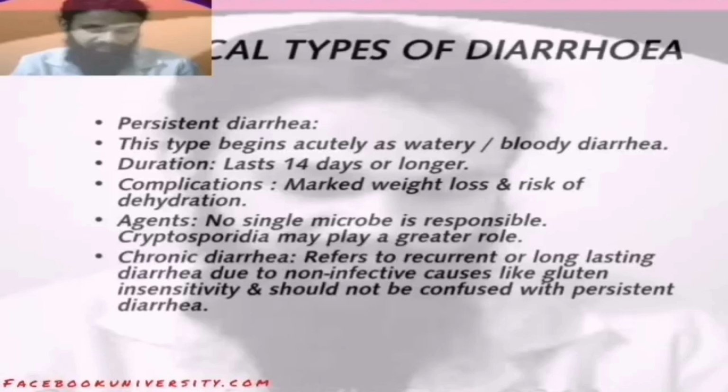So, chronic diarrhea is recurrent diarrhea, while persistent diarrhea persists for 14 days or longer continuously. There is no disappearance in persistent diarrhea, but in chronic diarrhea, diarrhea may disappear and again it will appear, and the duration is not defined for this.